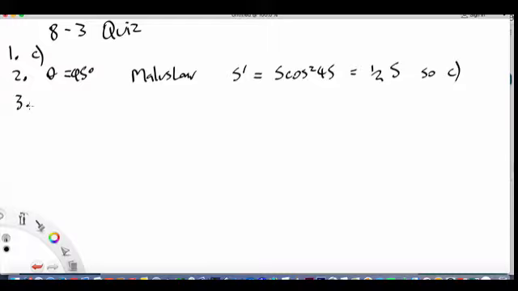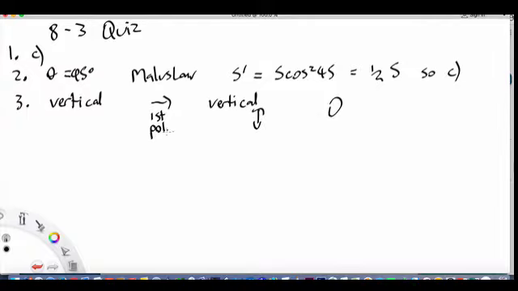Now, number 3, after the first polarizer, it is vertical. Then the middle one is also vertical. So that means it's still vertical. And then the last polarizer is horizontal.